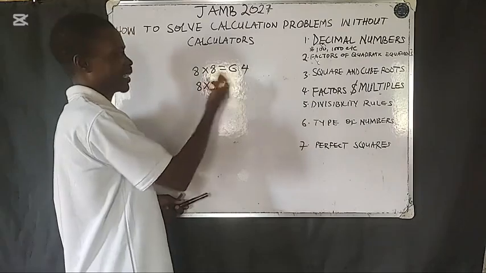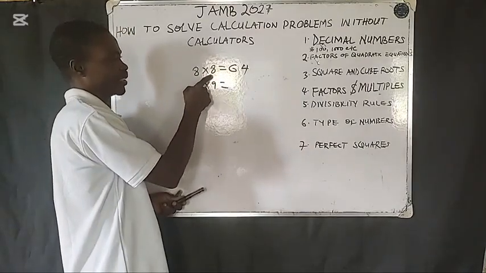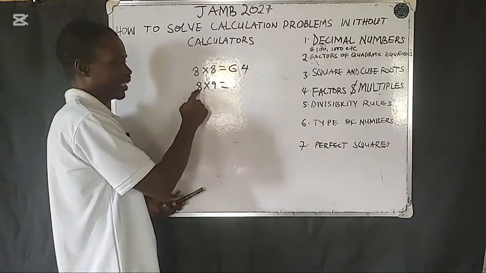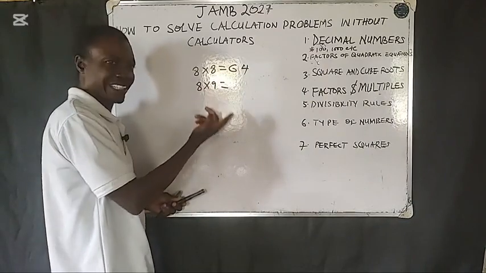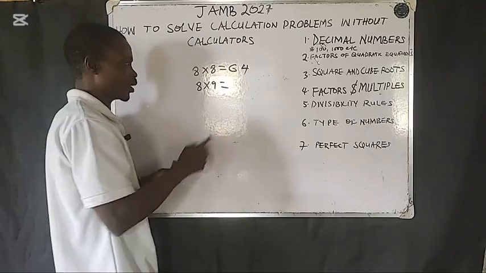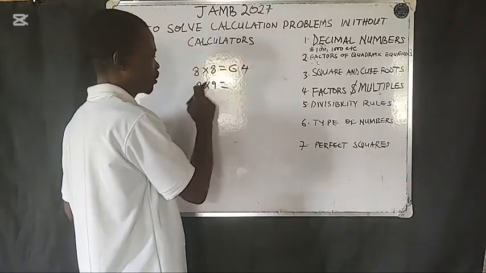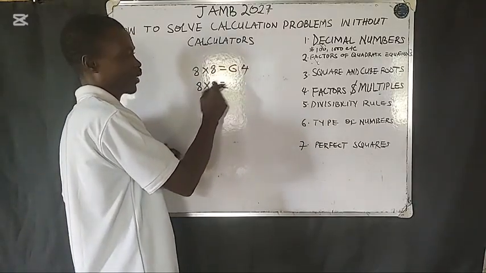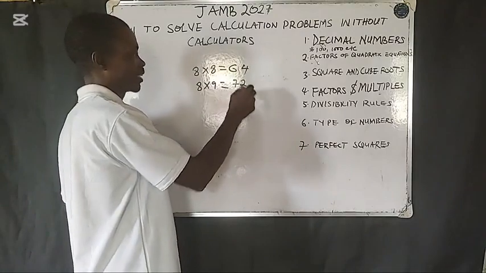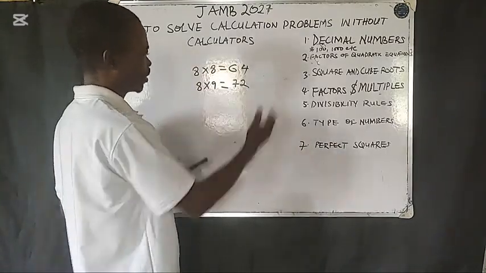I will simply add 8, because 8 in 8 places is 64. 8 in 9 places, simply add 8. So if I add 8 to 64, it will give me 8 times 9, which is what? 72. Am I right?